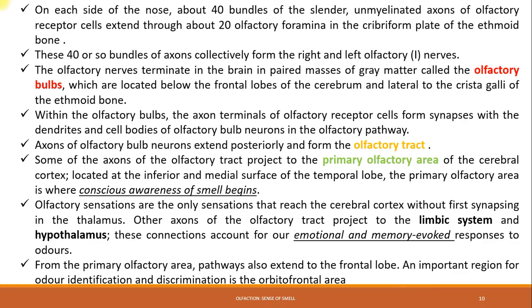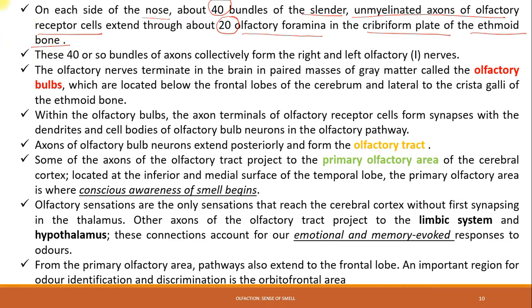Okay, so let's see what the olfactory pathway is. On each side of the nose, we have about 40 bundles of slender unmyelinated axons of olfactory receptor cells which extend through about 20 olfactory foramina in the cribriform plate of the ethmoid bone.